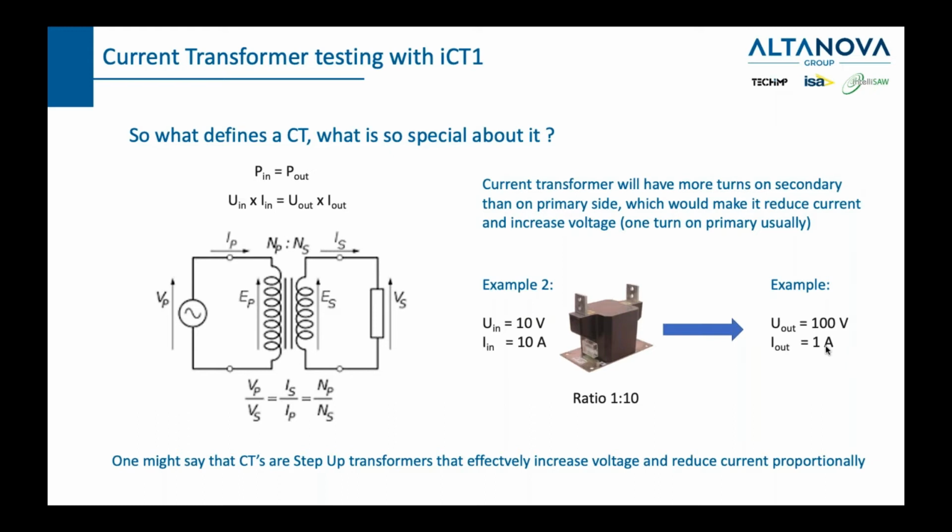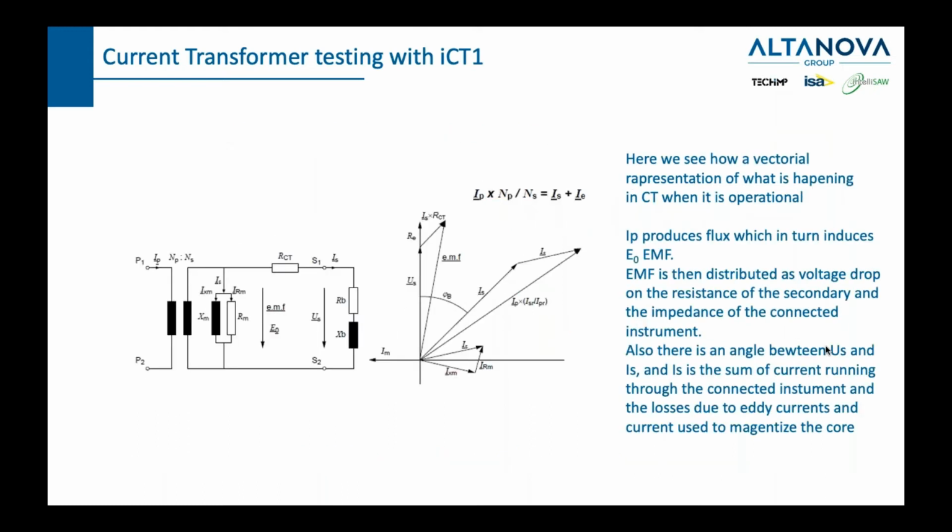Having said that, let us go quickly, without bothering you too much with certain details, through a vectorial representation of what's happening in the CT when it is operational. Of course, we have the primary side and the inductance of the primary side. The IP, or the primary current running through this inductance, creates a flux, and that flux, in turn, using the core, creates the electromagnetic force, which we can see here.